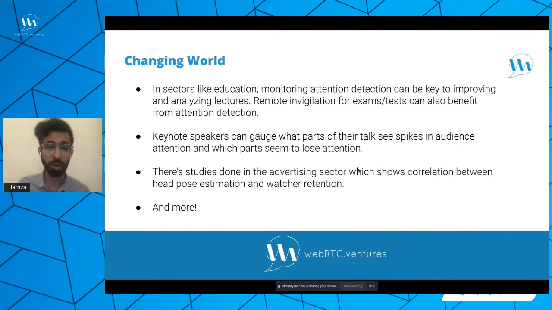I'm sure a lot of you have tuned into the presidential debates that happened a while ago and many other debates. So for those speakers, they could deliver their speeches and use attention detection to gauge and monitor their speeches and see which parts they could improve versus which are already good or actually spark interest in the audience.